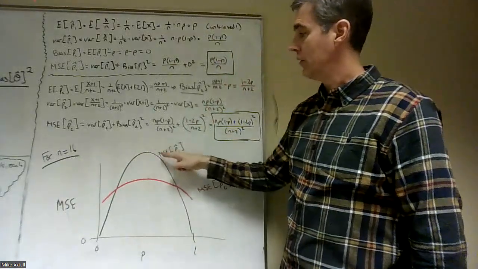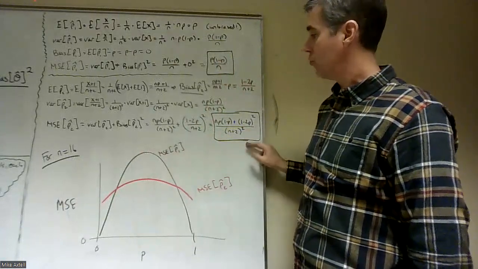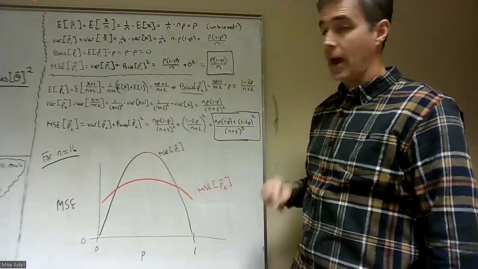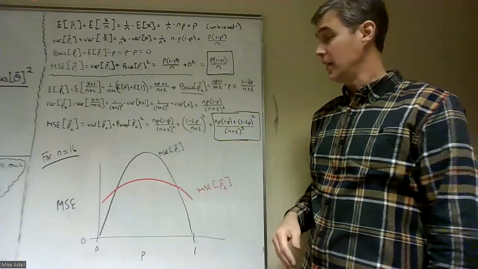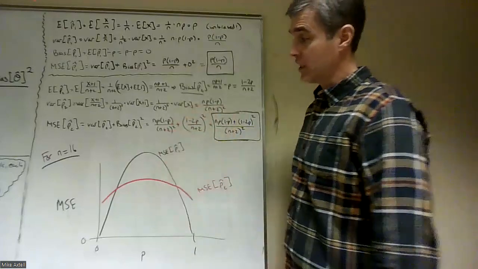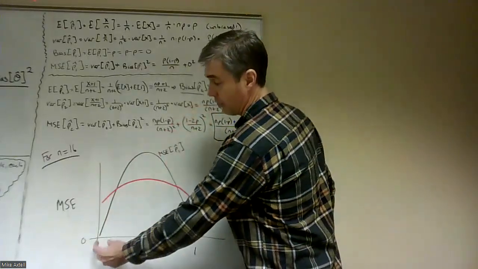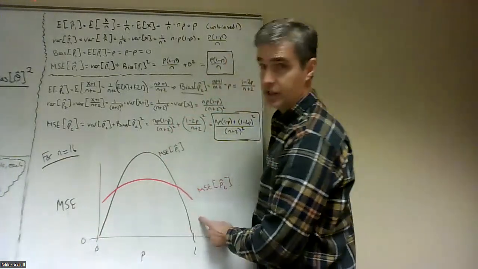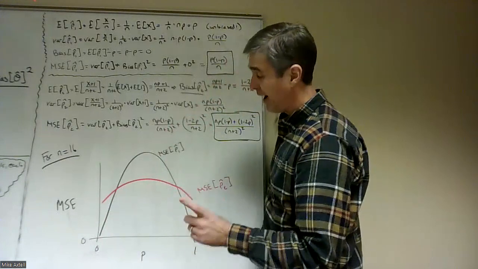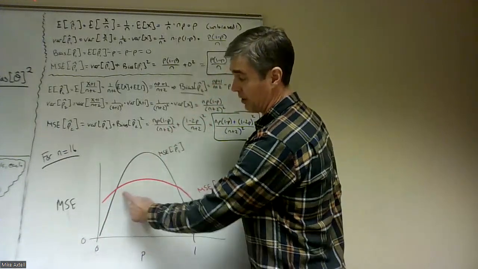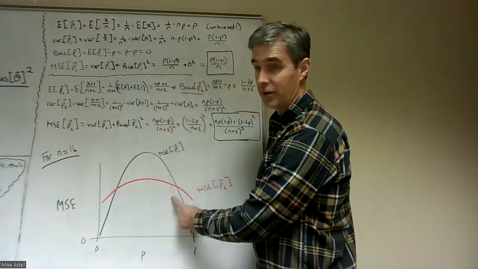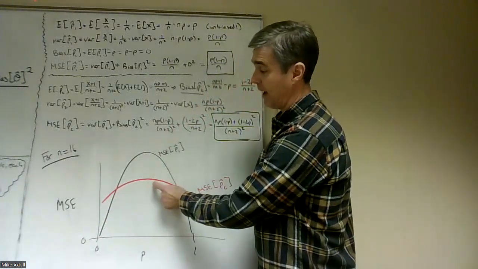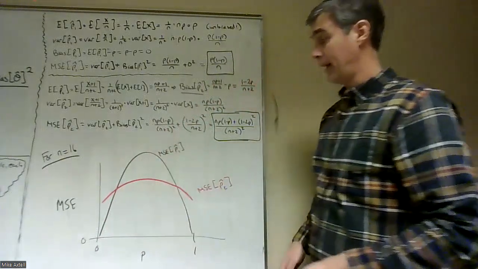Black is the MSE of p1 hat, and red is the MSE of p2 hat. Remember, we want the lower MSE. For n equals 16, if the probability is close to 0 or close to 1, it looks like p1 hat has the lower MSE. But if p is somewhere in the middle, around either side of 0.5 for a fair ways, it looks like p2 hat has the lower MSE than p1 hat.